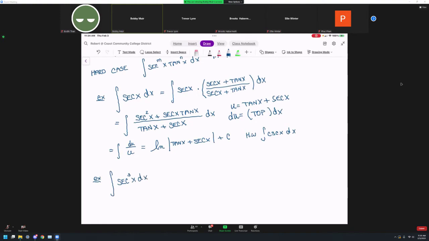Now I'm going to do it in a second, but if the secant is odd and the tan is even, what you would have to do is write it as secant squared x minus 1 times secant x. And what you see is you have to integrate secant cubed minus secant. And these things keep building on each other.